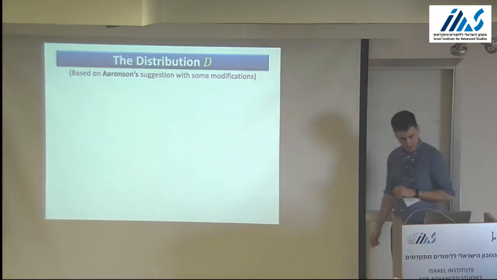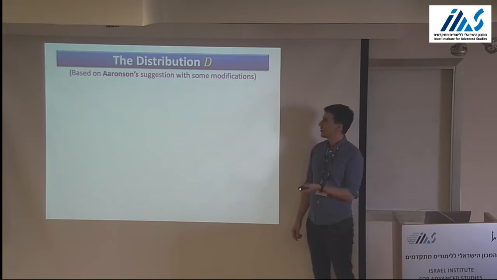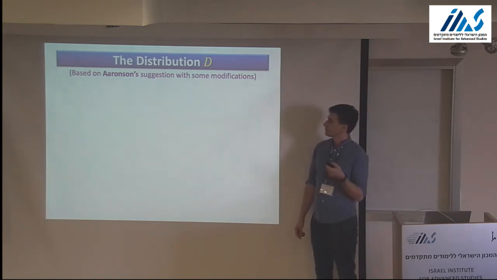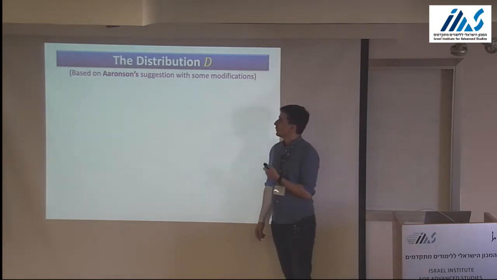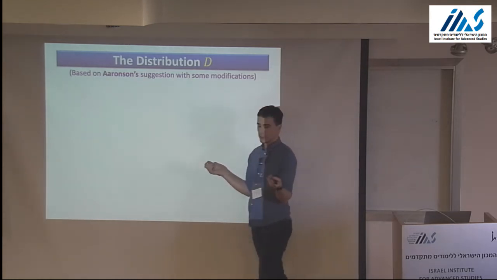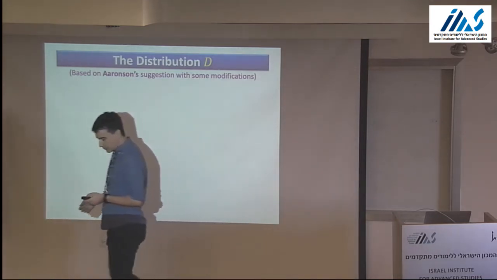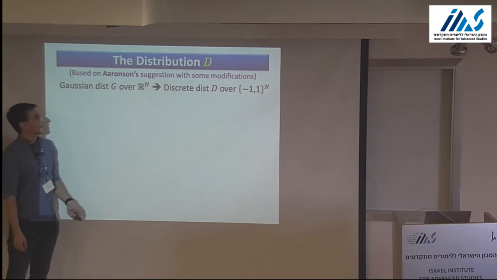So the distribution D is based on the suggestion of Scott Aaronson with some modifications. So the idea is we want a distribution over strings of length capital N. We want a discrete distribution, but we'll start with a Gaussian distribution over R^N, from which we'll deduce a discrete distribution.